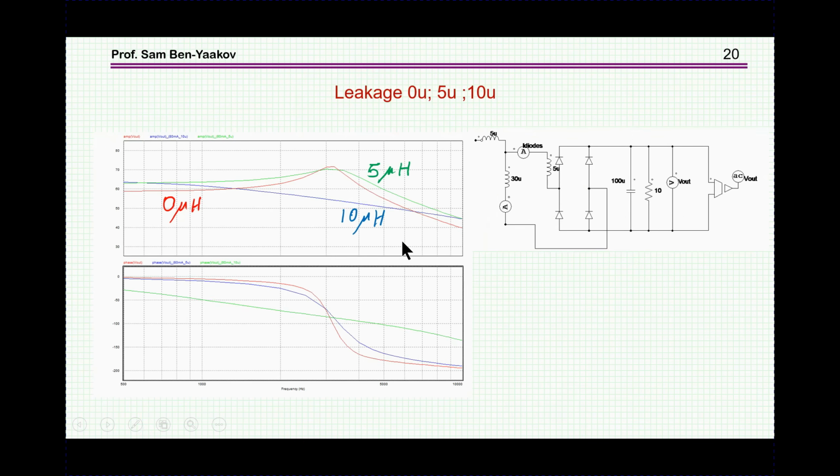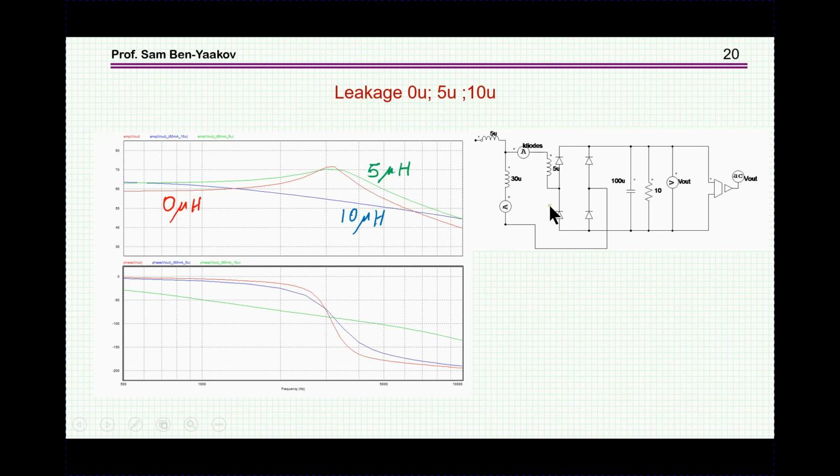Let me talk now about some other issue, and that is parasitic elements. Now, if we are going to have a transformer, it's bound to have some leakage inductance, and this will affect its transfer function. I'm just showing it here by simply adding an inductance in series.